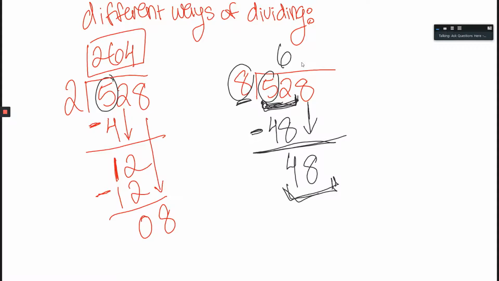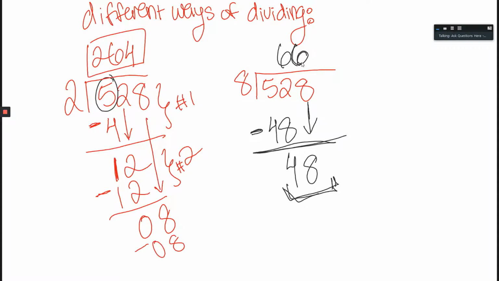Well, that's 6 times. Now I want you guys to notice this pattern. The reason why I'm showing these example problems is it's still a 3 by 1 division. There's not that much difference between them, but you can see the number of steps being taken. In the first example, this is 1 step, this is the 2nd step, and when we had to subtract again to get our 4 over here, that's the 3rd step.